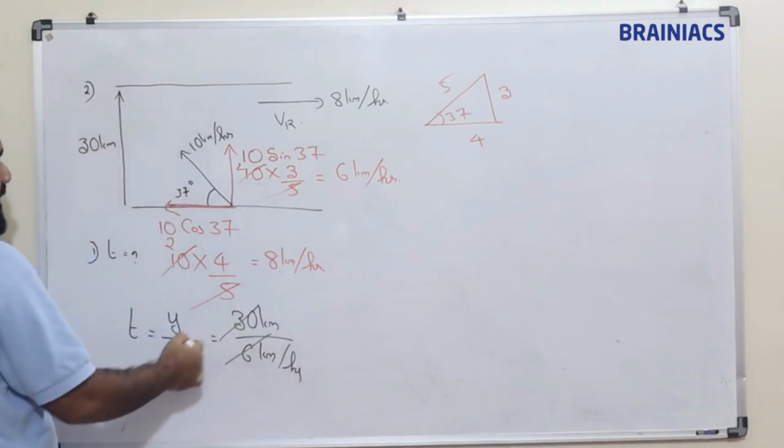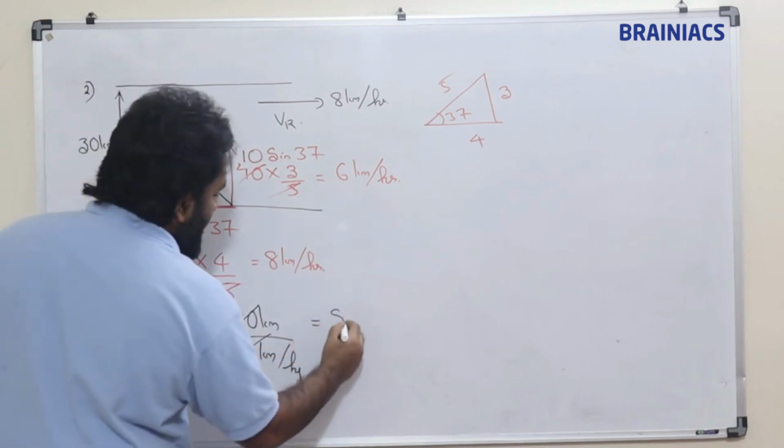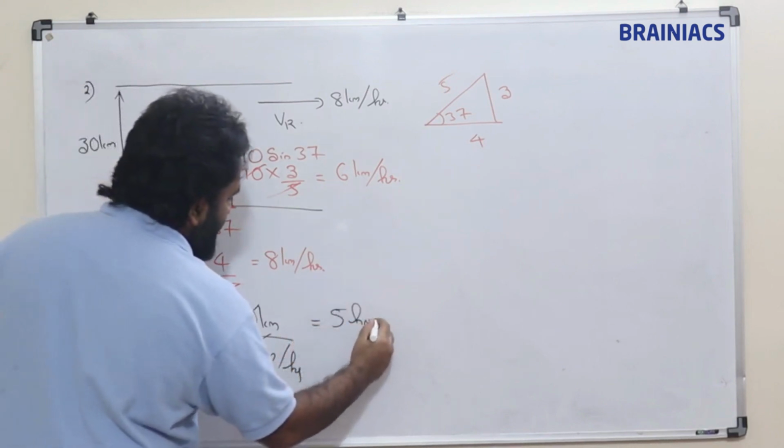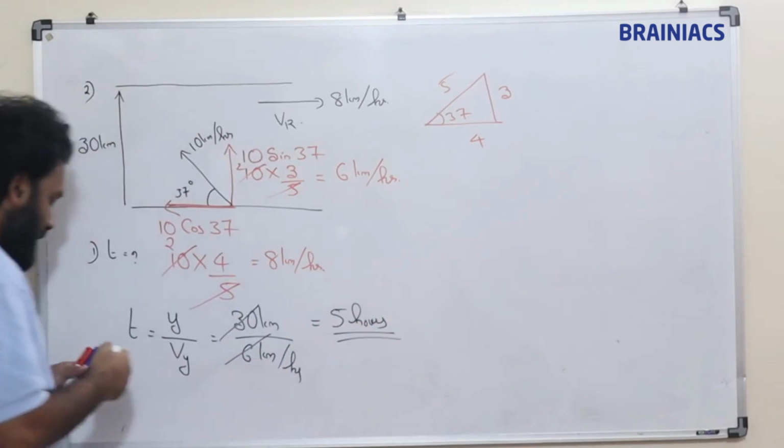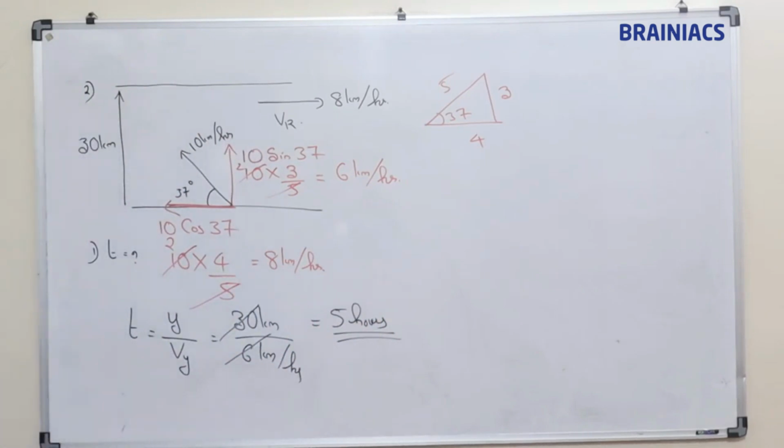So if we cancel 6 and 30, we get 5 hours. So this is the time taken to cross the river. Okay, clear?